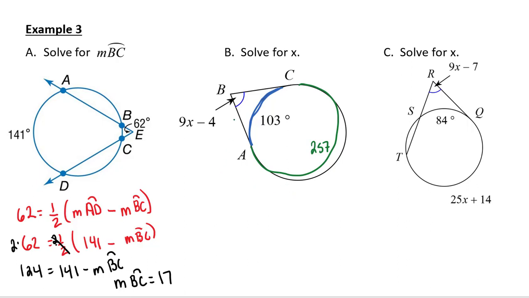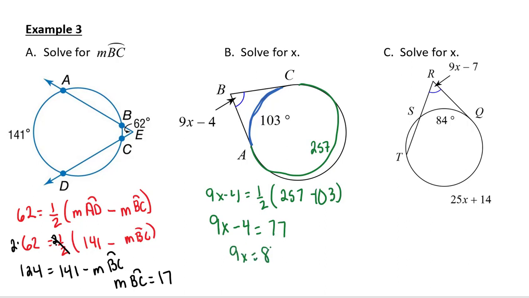So angle B, which is 9x minus 4, is equal to 1/2 the larger arc, which is 257, minus the smaller arc, 103. This right side simplifies to be 77. I add 4 over and I get 81. So x equals 9.